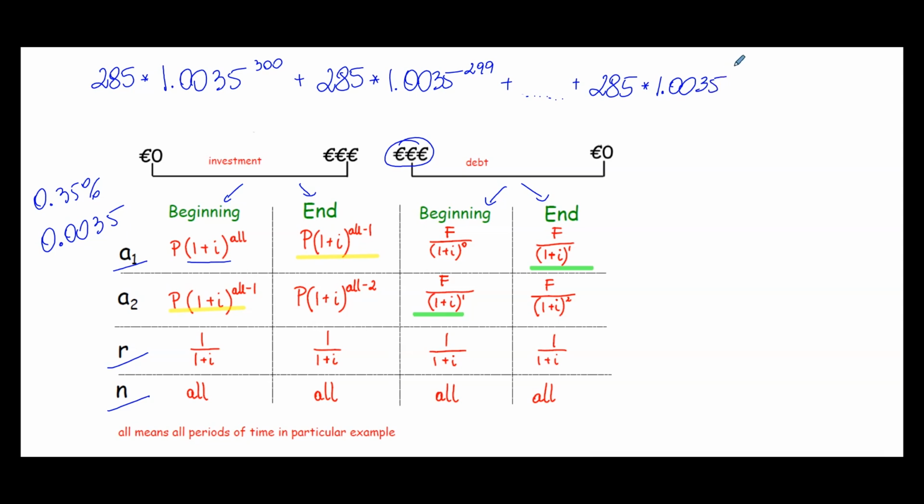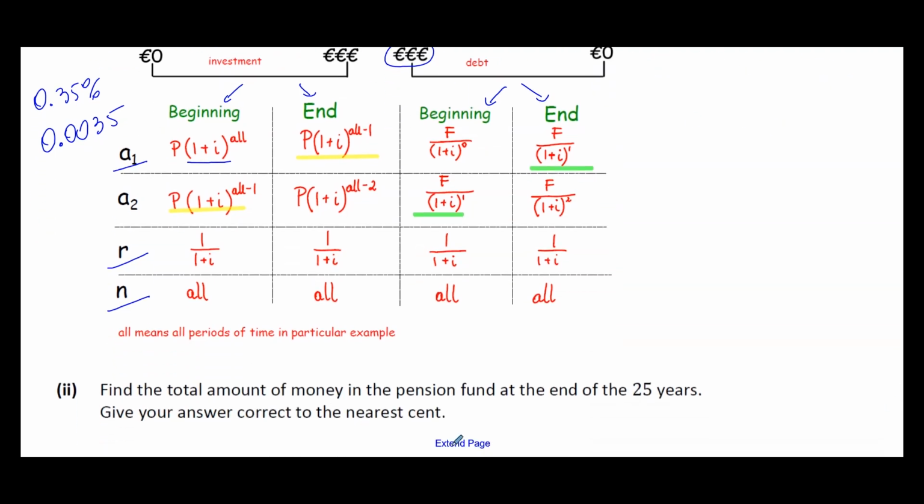So that's the reason why we are saying to the power of 2 it is going to incur interest, and the last one will be there for 1 month only. So therefore it will be power of 1. So that is the sum of all those payments he's going to make. Okay, then let's have a look at the next part.